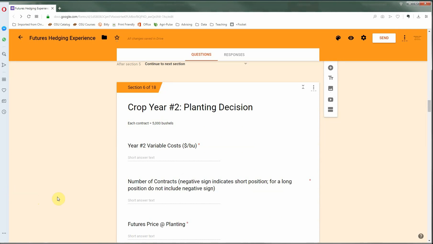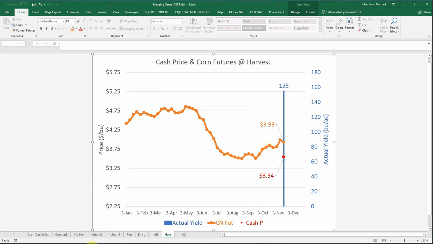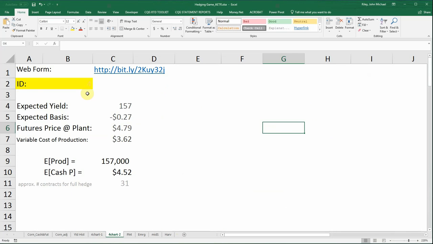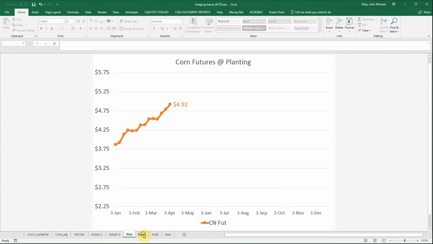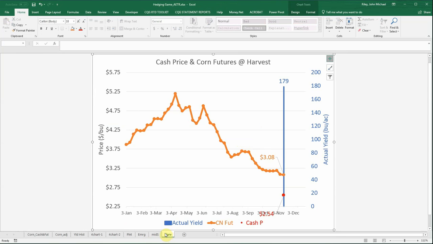So we go back to the very beginning of the front page for our sheet. I choose a different production year. I'll go 8 since I think I did that earlier. And this just updates all of the information that the students are provided, and then we walk through these sheets again and they update based on this new production year.